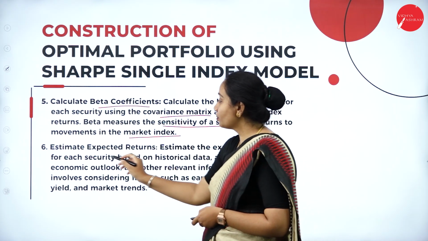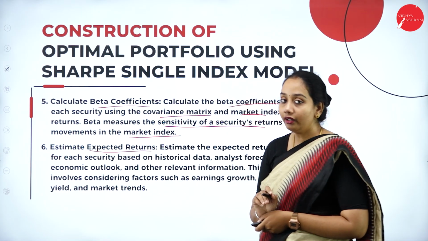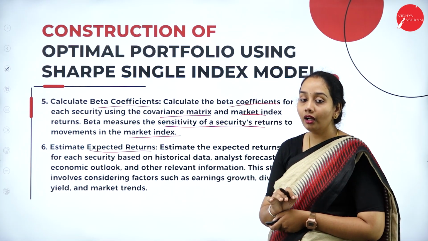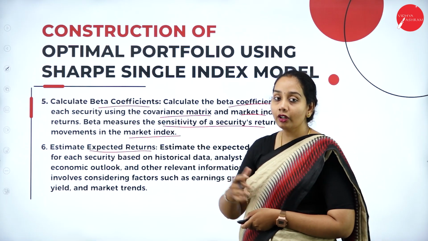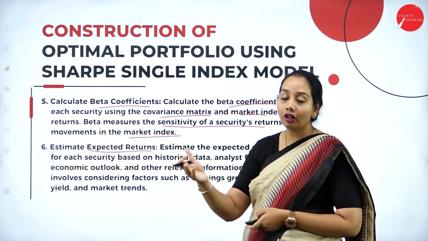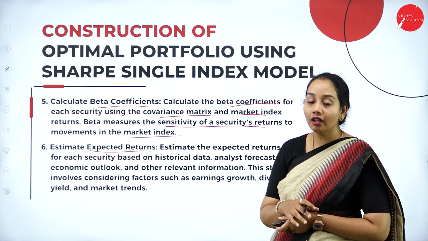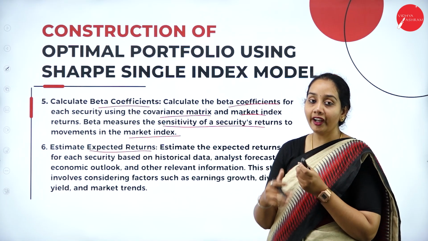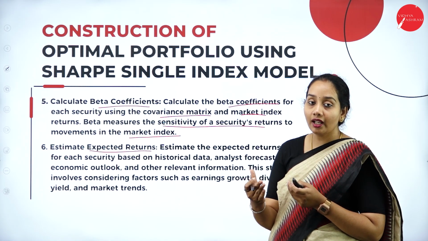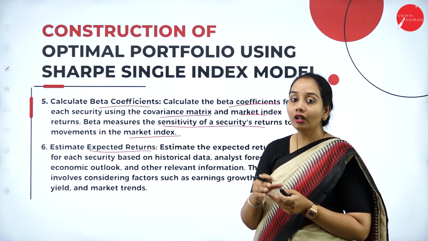So next step is what? Estimate the expected return. After you have calculated the alpha and beta coefficients of the risks, depending upon the portfolios, next is to estimate the expected returns. You can find out through the percentage analysis of the covariance between the portfolios.